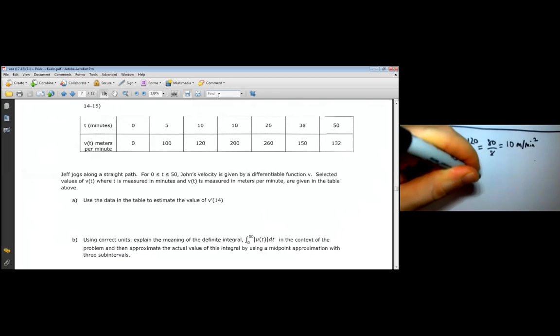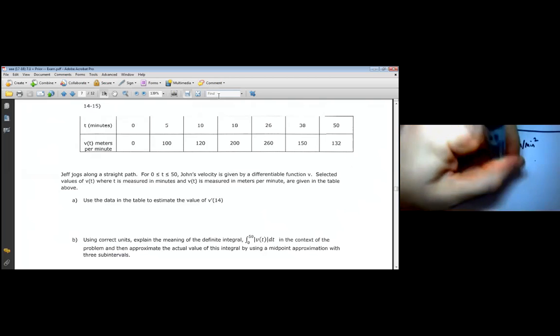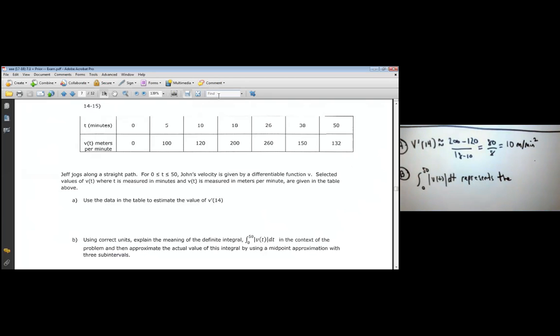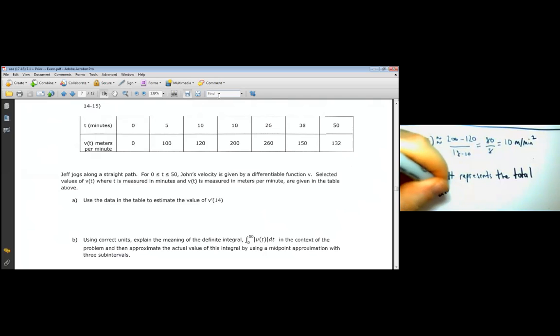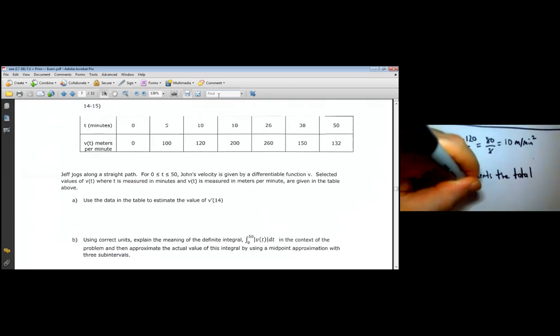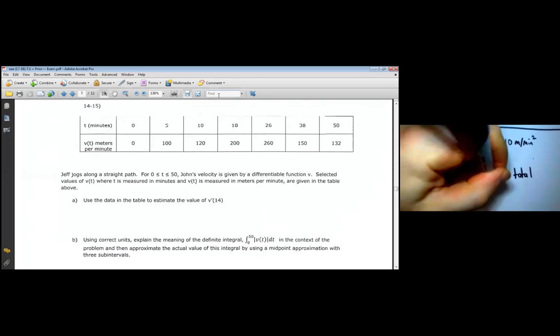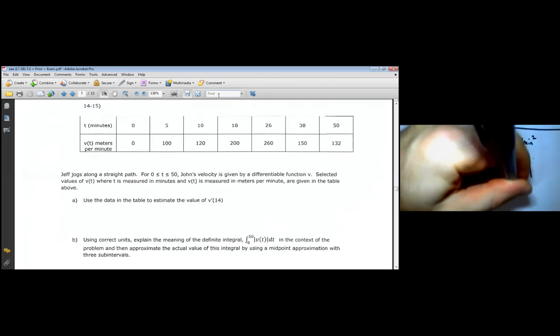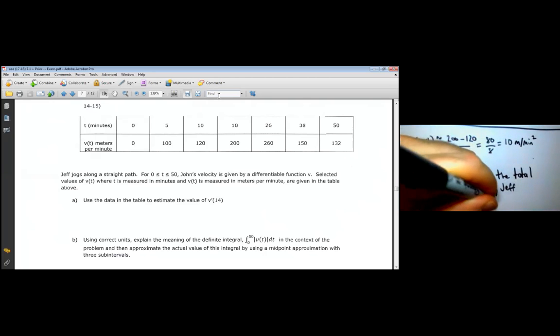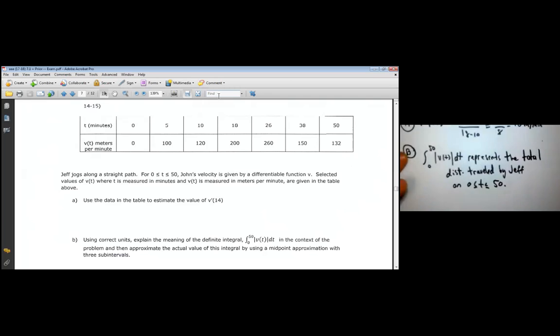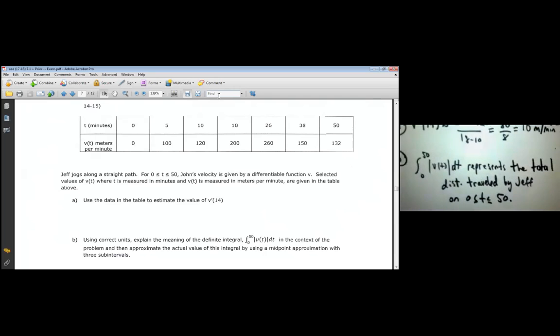It represents the total distance traveled, depends how nice you want to write it out, but by v of t on 0 to t to 50. Okay, so that would be full credit. The absolute value of v(t) dt, when you integrate that, it's the total distance traveled.